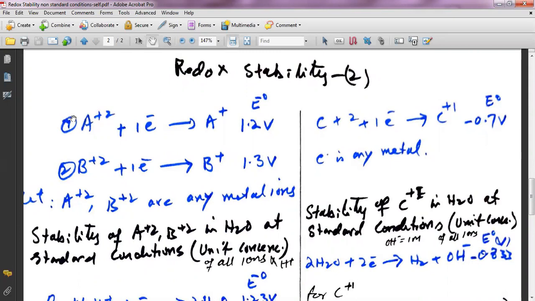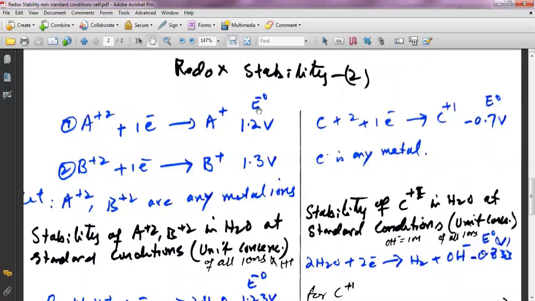So again, I have just mentioned here two examples, A or B, maybe any metal ions. You can take any one of the half cells from the electrochemical series. As an example, A plus 2 accepting one electron forming A plus, and similarly this is the oxidized form accepting one electron going to be reduced, which is the B plus.